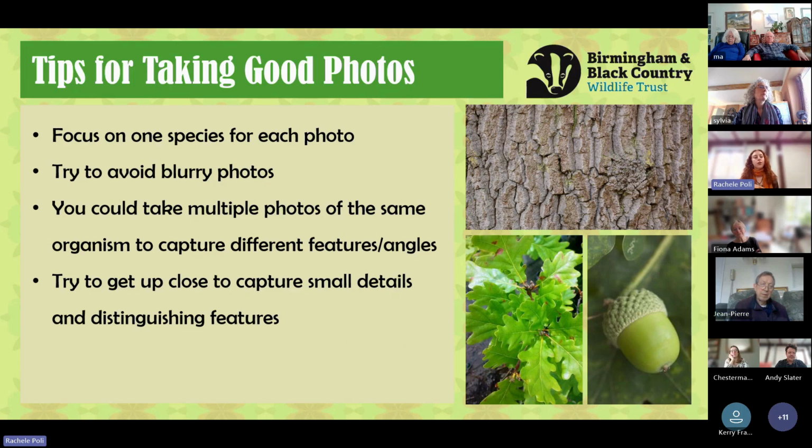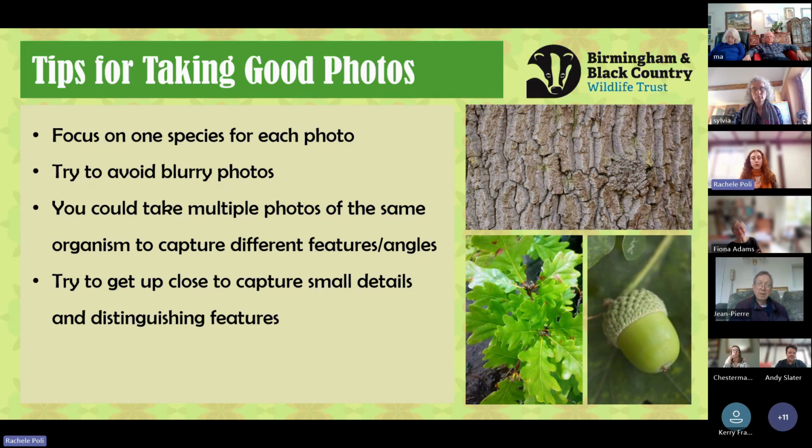So just going to go through those. Importantly, you should focus on only one species for each photo and really for each record you make. Try to avoid blurry photos, which seems simple enough, but when you're taking photos of things like birds or invertebrates, it can be a bit tricky.